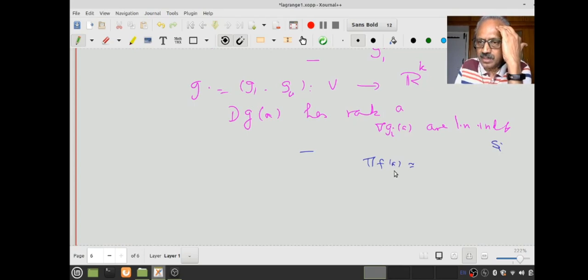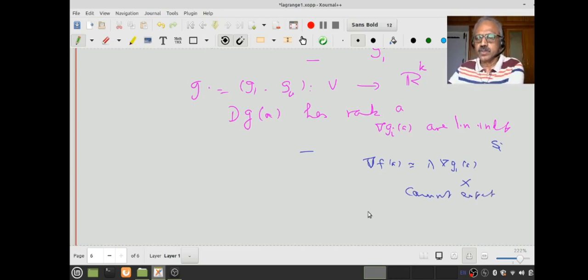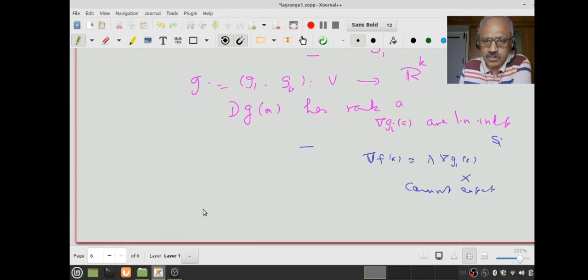If a is a local maximum of f on S_i, then only can I expect this lambda_i times nabla g_i(a). In general I cannot expect this. So a very natural thing maybe is nabla f at a equals lambda_1 nabla g_1(a) and so on.